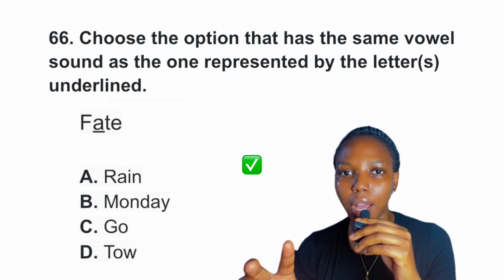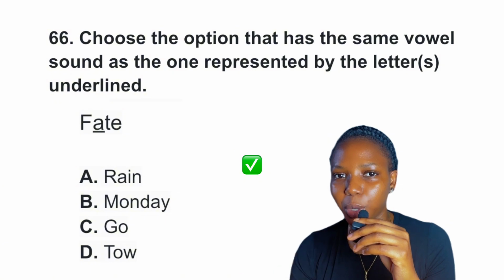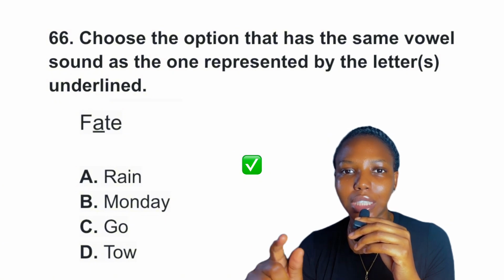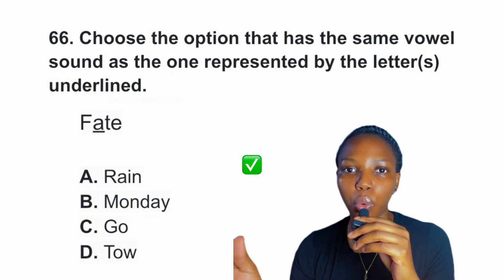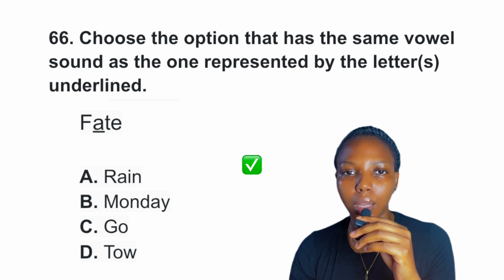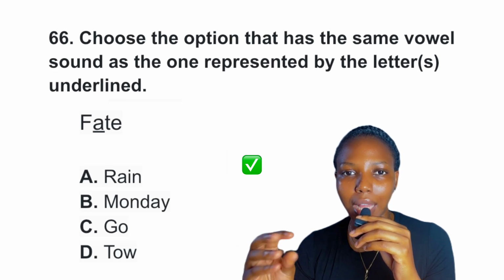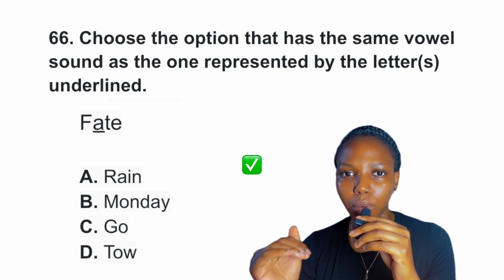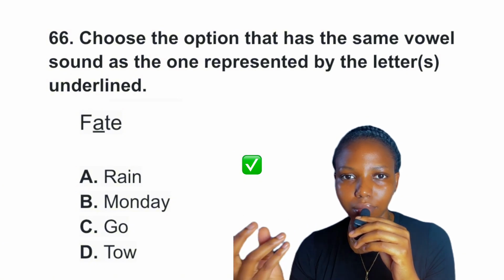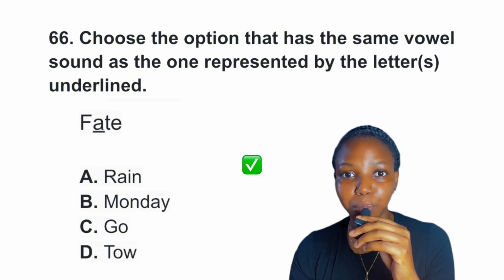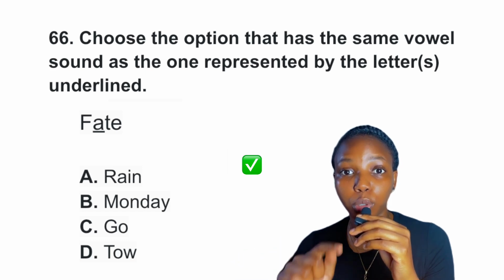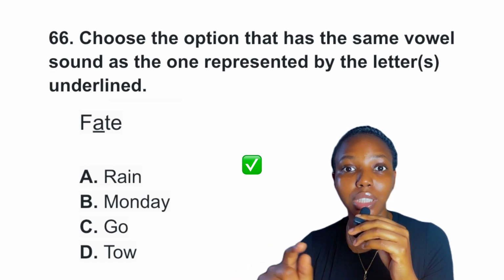And then option A, you have rain, it has the A sound, right? Option B, you now have Monday. Option C, maybe you have go. Option D, maybe you have toe, right? So the answer is between option A and B. Which will be the best answer? Definitely option A, because automatically we will pronounce Monday as Monday.